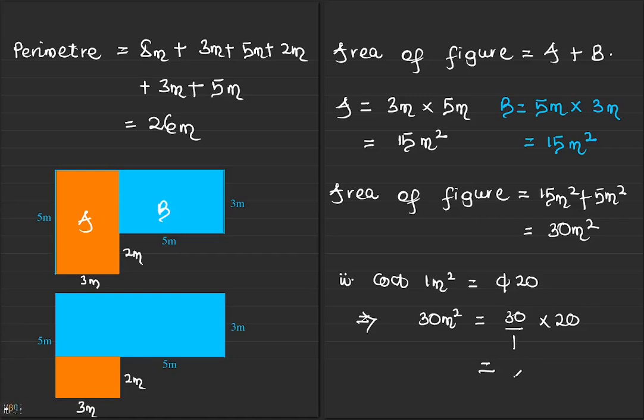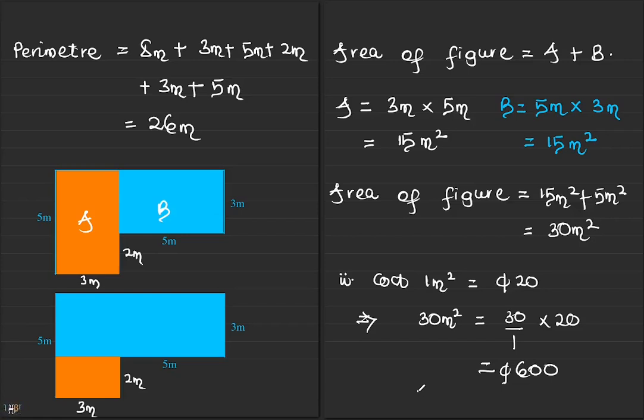And 30 times 20 simply gives us a 600. So it simply means if you want to carpet the whole floor with that same cost, then for the 30 meter squared, you need to pay what? A 600 cedis. So that ends question 3b of BECE 2026.